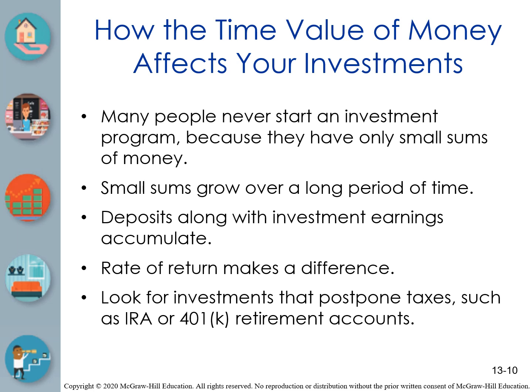Rule of 72. Deposits along with investments earning accumulate, back to what we said before. Rate of return makes a huge difference. Back to the rule of 72, if you take 72 divided by 8%, that gets your money doubles in 9 years.